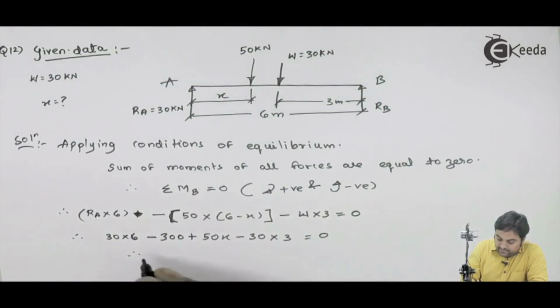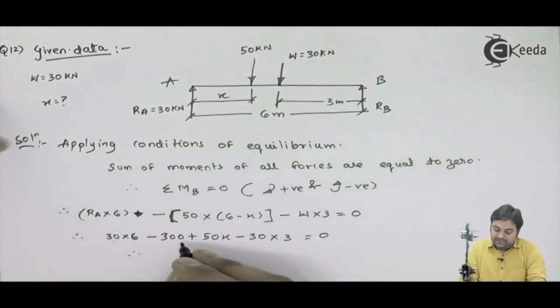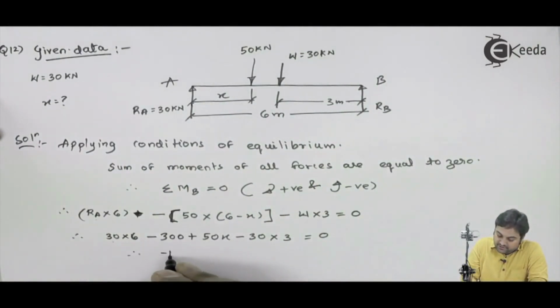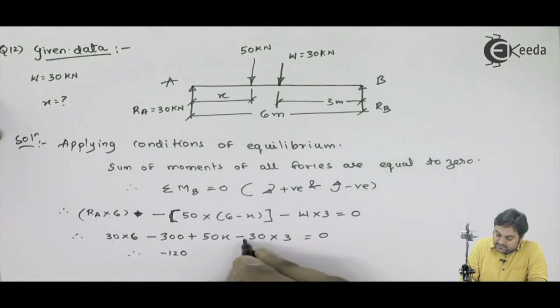Therefore, this will be plus 180 minus 300. So it will be plus 180 minus 300, that comes out to be minus 120, and this I have as minus 90 plus 50x is equal to 0.